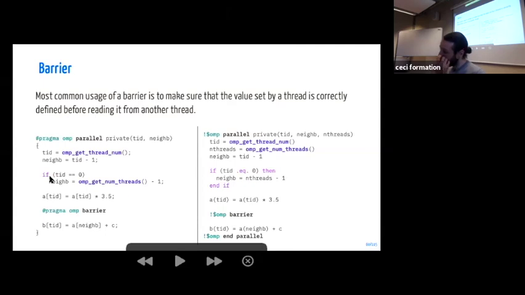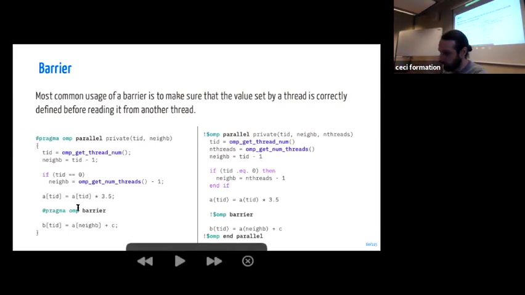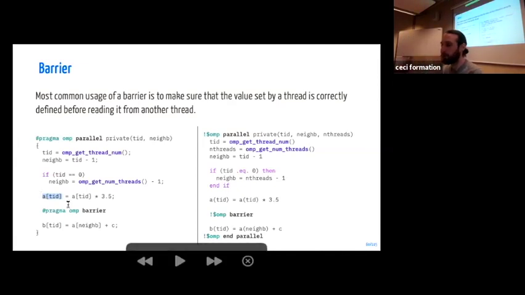And it can be used if you are updating a shared variable that is used by another thread. In this very simple example, we set the value of shared variables in an array, the value A, with thread ID, and this value will be reused then, but then we will read the value of neighbors.